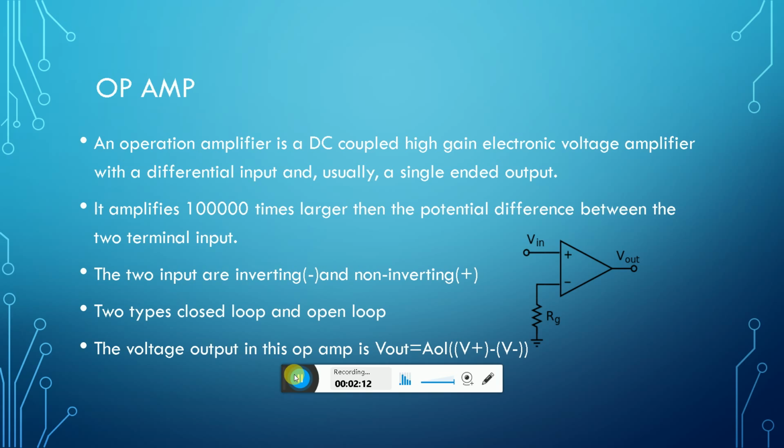In closed loop, there will be a feedback fed into the negative terminal of the op amp, which is named negative feedback. And now let us see the characteristics of the operational amplifier.